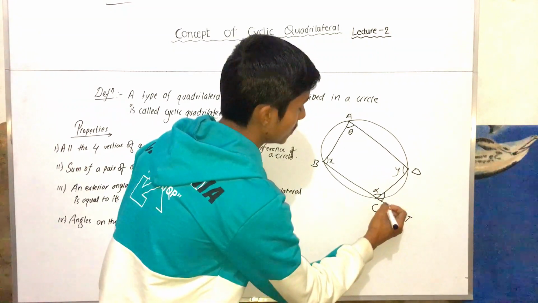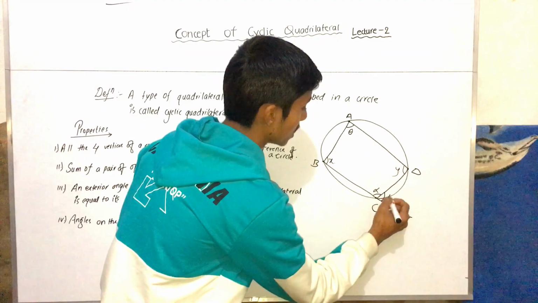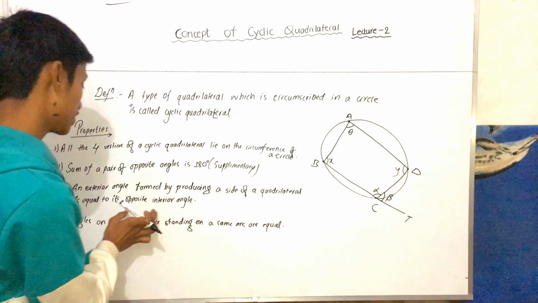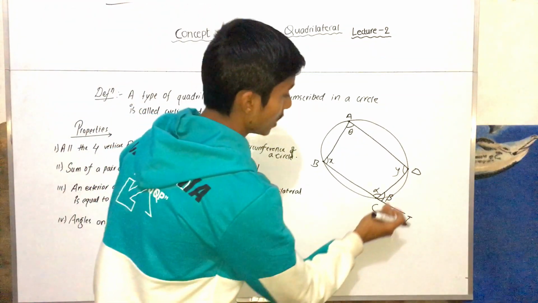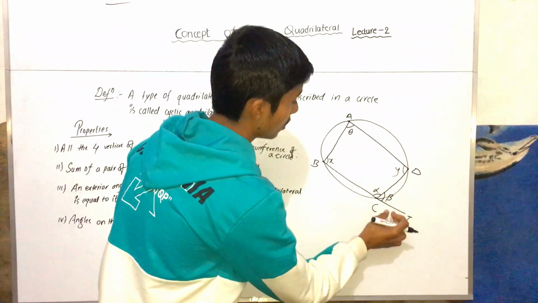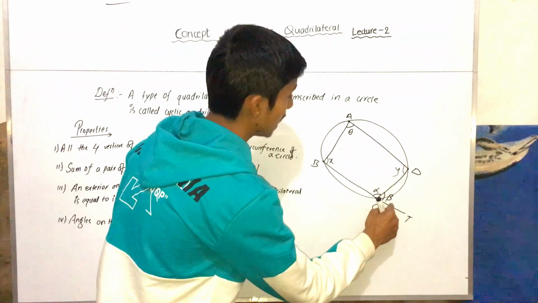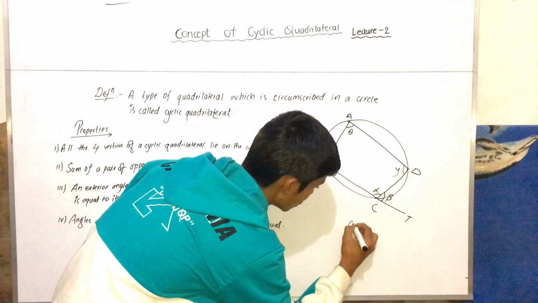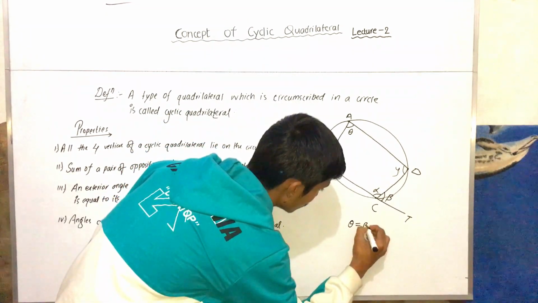Let this be beta, okay, beta. Then it is equal to its opposite interior angle. The opposite interior angle of this angle beta is theta. So according to this property, theta is equal to beta.